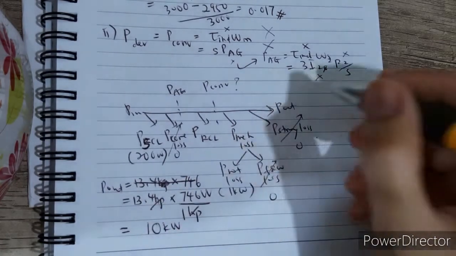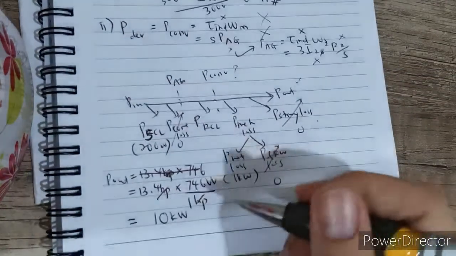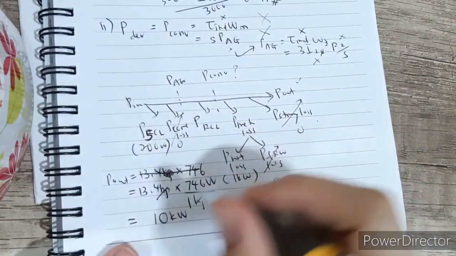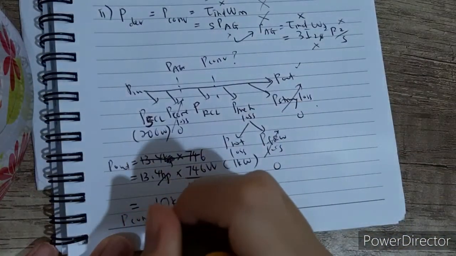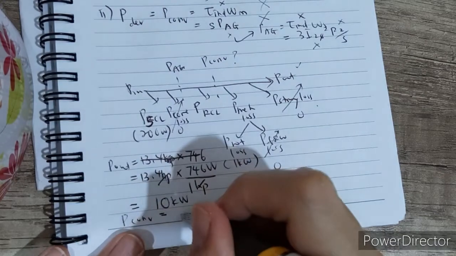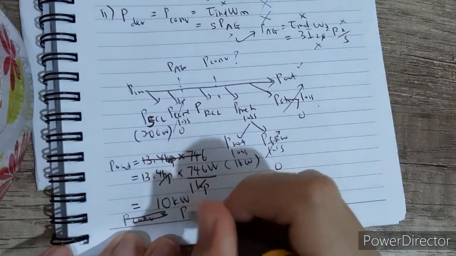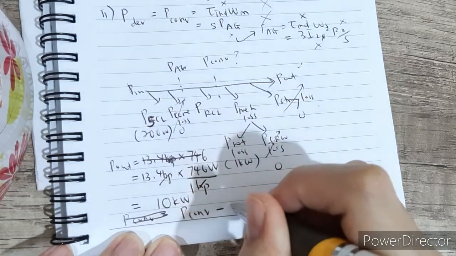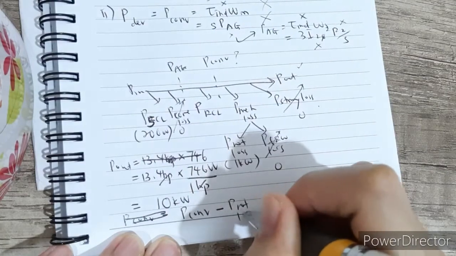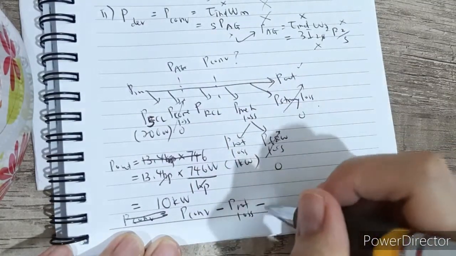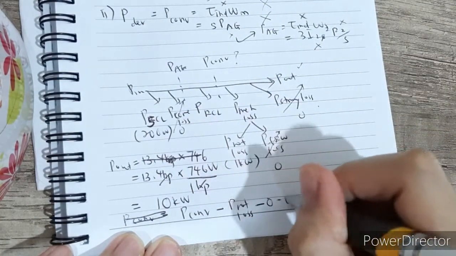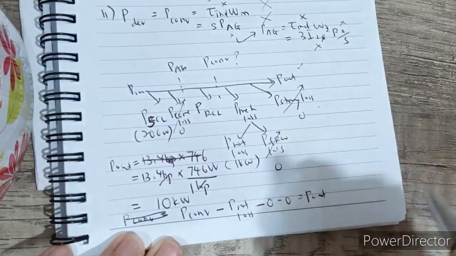Alright. Now you have your P out, so you can find your P converted. P converted minus P rotational loss minus 0 equals P out.